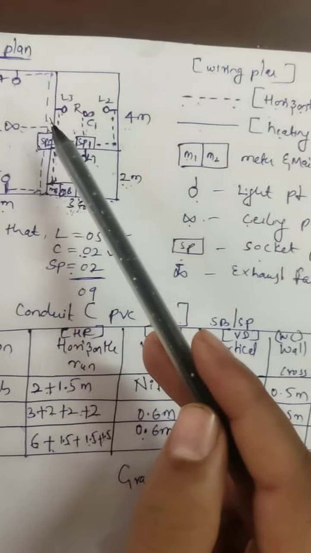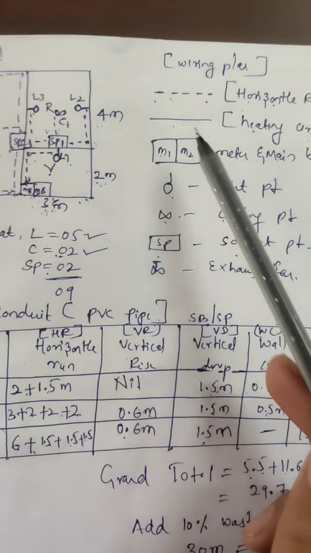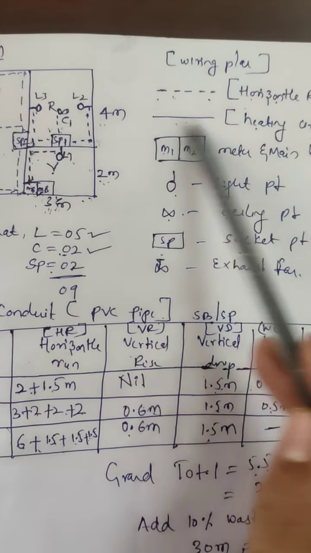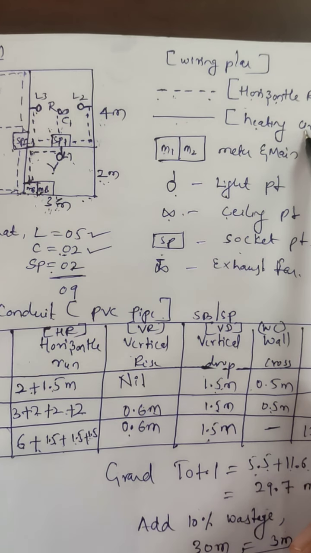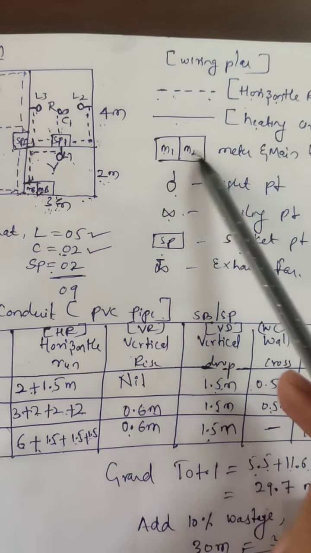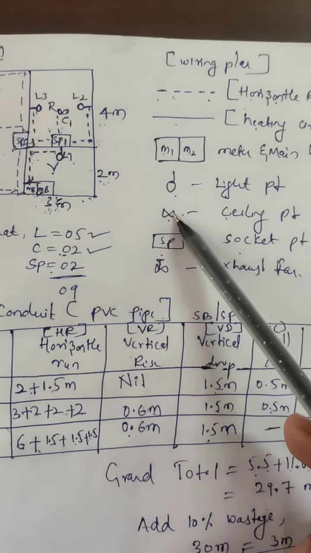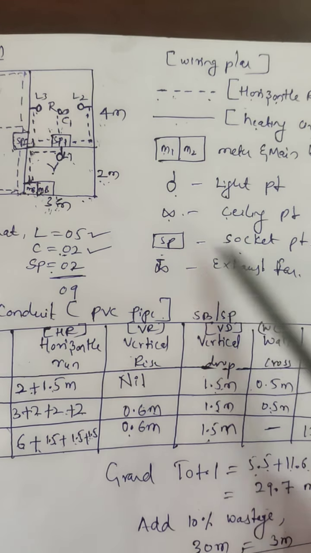Here I mentioned a few symbolic representations: horizontal run is dotted lines, a straight line indicates the heating circuit. M1, M2 indicates the meter and main board. This symbol is the lighting point, this symbol is the ceiling point, this is the socket point, and this is the exhaust fan.